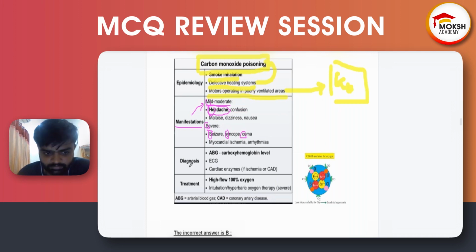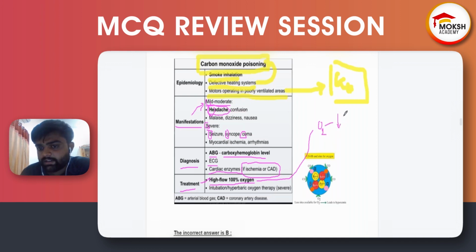Diagnosis we do is arterial blood gas. We measure the carboxyhemoglobin level. We also do an ECG, and we also check for cardiac enzymes if there is ischemia or coronary artery disease. We give them treatment with high flow 100% oxygen. Oxygen decreases the half-life of carbon monoxide.